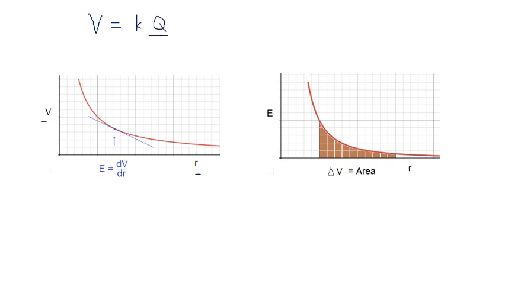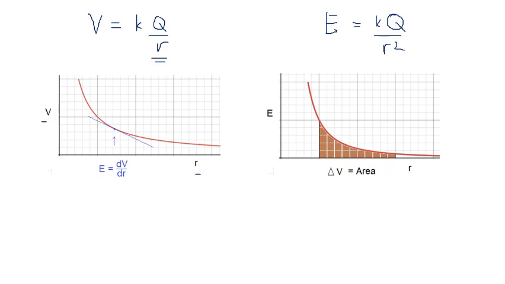Notice that V is positive if it's a positive charge producing the field. Notice that it's just over R, not over R squared. My field strength, E, is KQ over R squared. Potential is over R, field strength is over R squared.